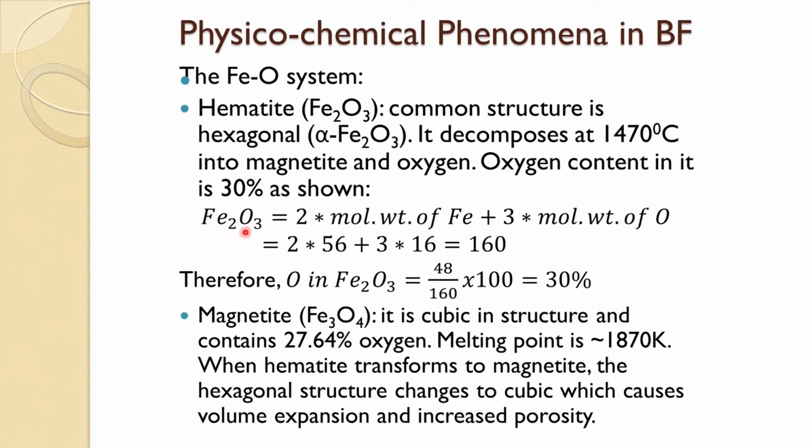I have shown one calculation of how you determine this oxygen content. So, 2 moles of iron, 3 moles of oxygen. That gives you the molecular weight of Fe2O3 as 160, and therefore the oxygen would be 48 divided by 160, and in percentage terms multiplied by 100, that gives you 30% oxygen in hematite.